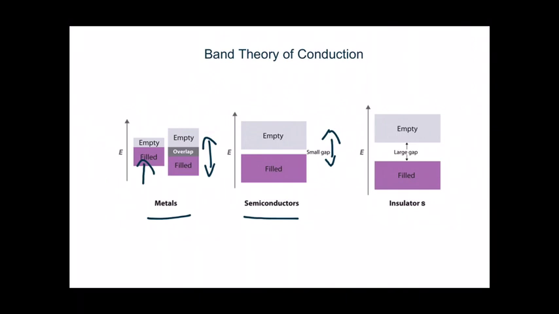And in the case of insulators, this energy gap is so large that it is known as a forbidden gap and electrons are not able to jump to the conduction band. In the case of semiconductors, few electrons can jump to the conduction band, especially when there is an increase in temperature. But in insulators, no such possibility is there. So this is band theory.